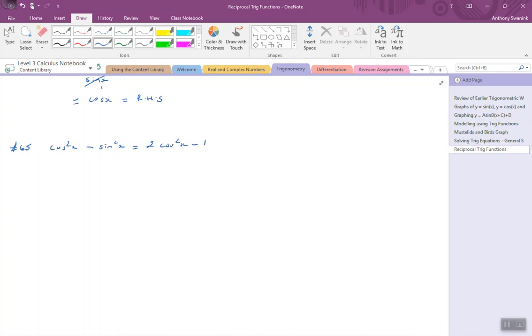Well, I'm going to take the left-hand side again because I'm remembering that sine squared of an angle plus cos squared of an angle equals 1. And I could replace that sine squared x, this thing here, with 1 minus cos squared x then. So I'm going to use this identity here.